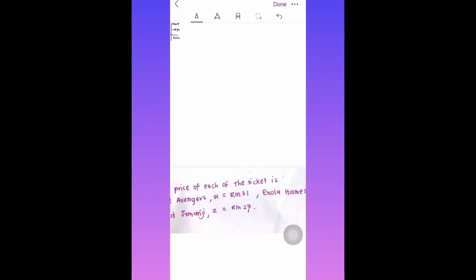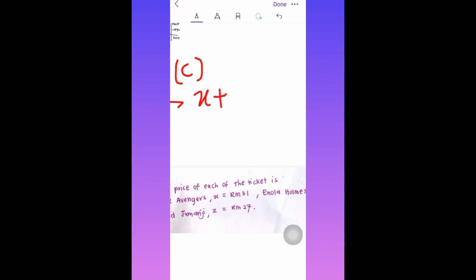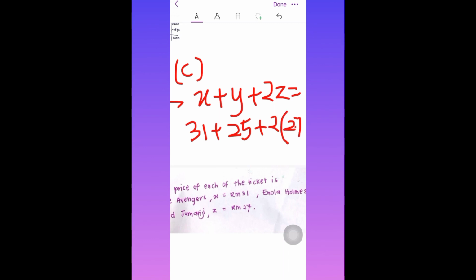Rafida buys x plus y plus 2z, which equals 31 plus 25 plus 2 times 27, which equals 110. So Rafida spends 110 ringgit.